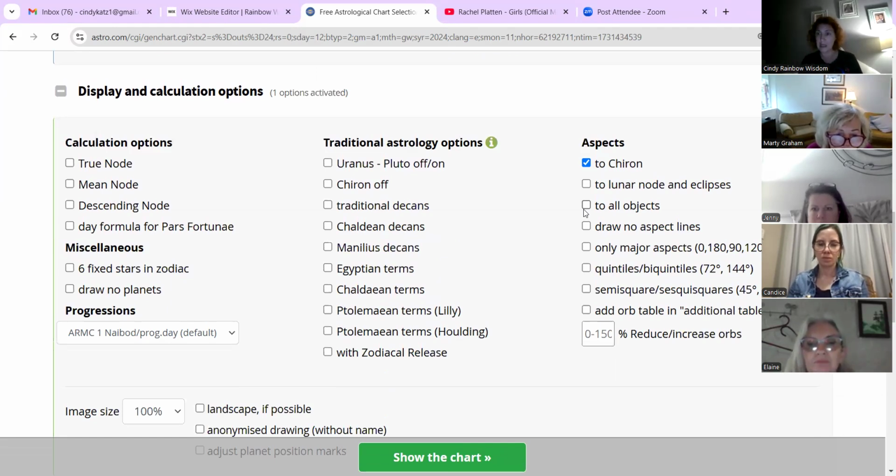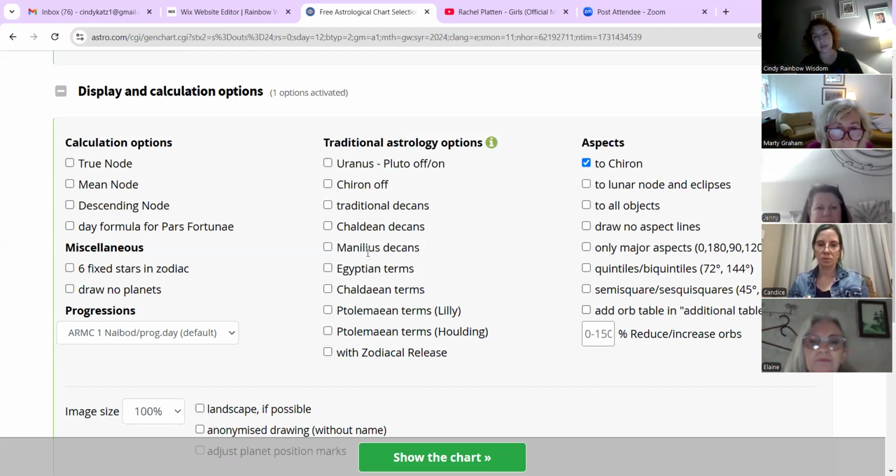Whilst we're here, you can see it will also add more complicated aspects, quintiles, biquintiles, semi-squares, etc. You can choose your orb, so if you wanted to make it bigger or smaller to get a little bit more specific. This is also where we can change our house.